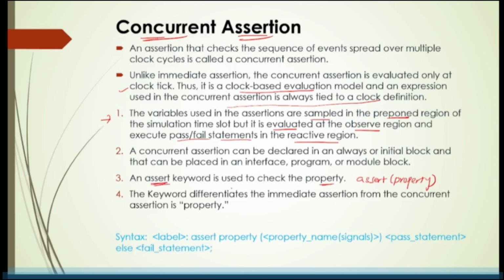If there is an assert keyword along with property, then it is a concurrent assertion. This is how you can differentiate them, a simple tip: if you see assert property, it is a concurrent assertion. If there is only assert and the logic, then it is an immediate assertion. Clear? This is a tip to differentiate between immediate and concurrent assertions.